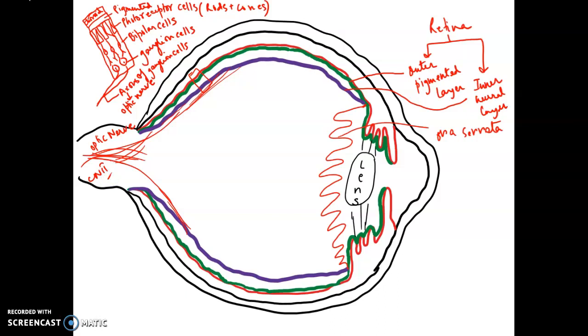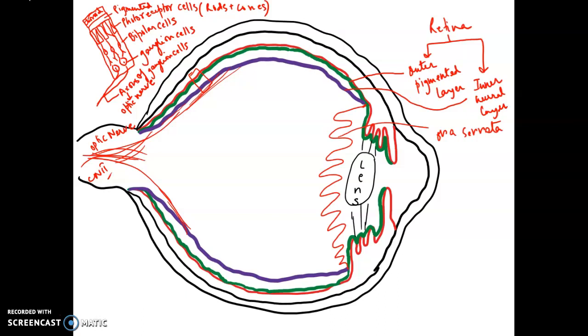Got it? Okay, so let's review. We are zooming into a section of the retina, and if I blow up, we see part of the choroid, obviously. Then you see the outer pigmented layer, and then we look into the neural layer of the retina. The neural layer has different layers of cells.